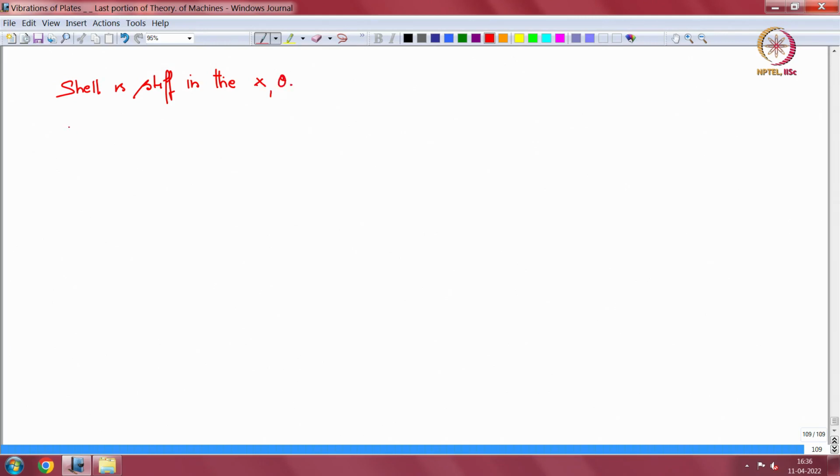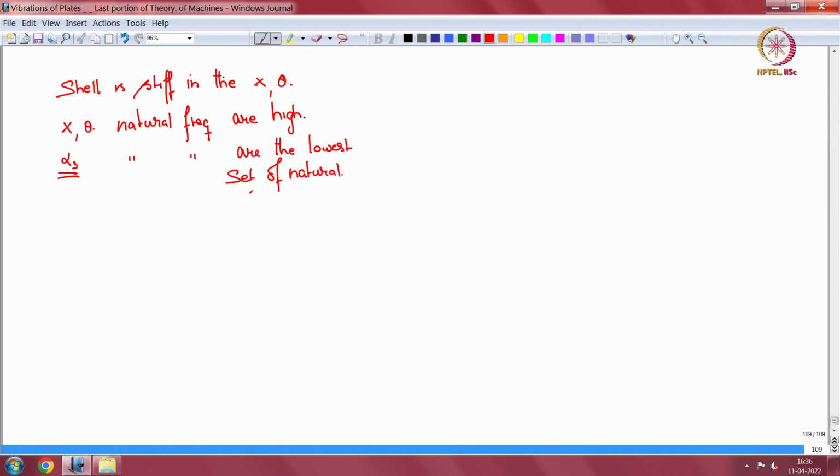So typically the x and theta natural frequencies are high, and so the u3 direction natural frequencies are the lowest set of natural frequencies.